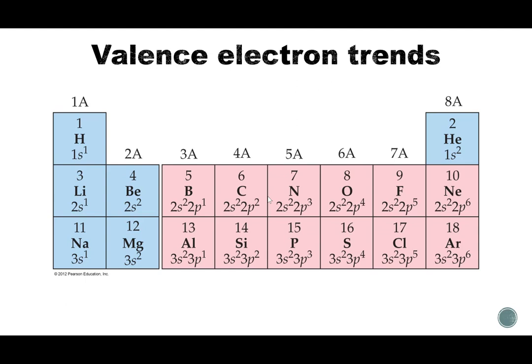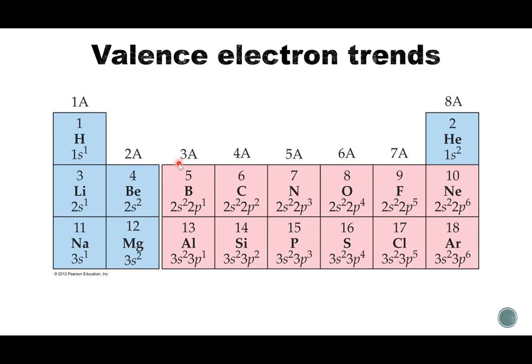So to determine valence electrons very quickly, you're going to look at the numbers on the top here. So this guy is group or family 1A. So everybody in this column is going to have 1 valence electron. This guy here is 2A. Everybody's going to have 2 valence electrons. So hop over that D block and go over to boron.